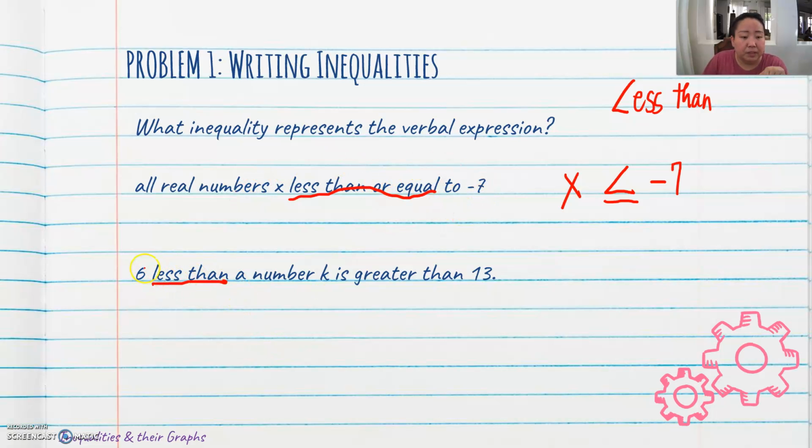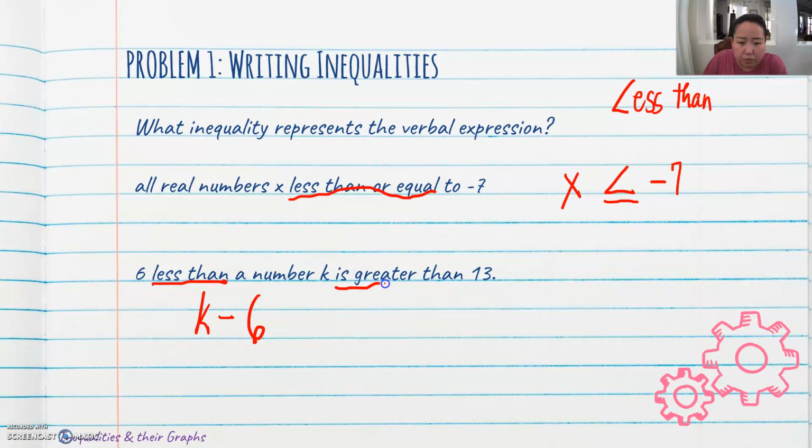But here, 6 less than a number k simply tells us that 6 is subtracted from a number k. So this part of the phrase is going to be k minus 6, is greater than.